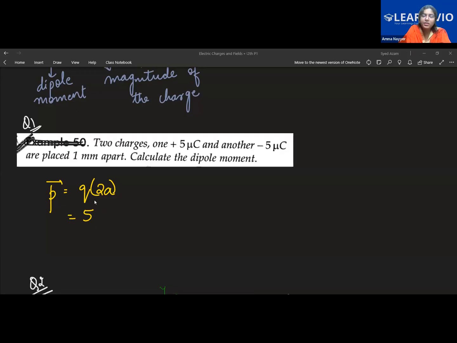What is the value of the charge? You're not audible, Jesslyn. Please fix your mic. Type in the chat column at least. What should be written?